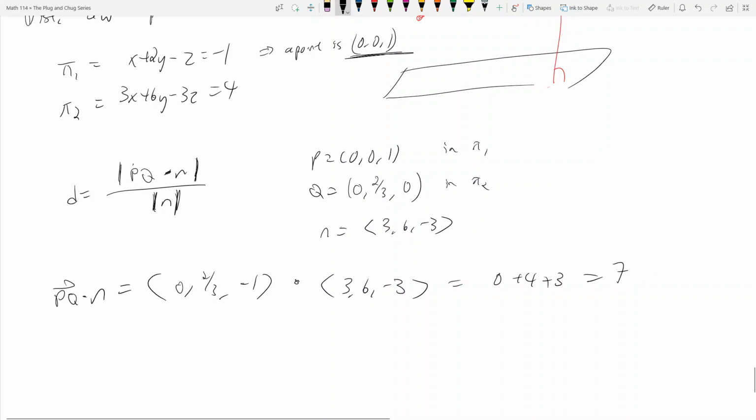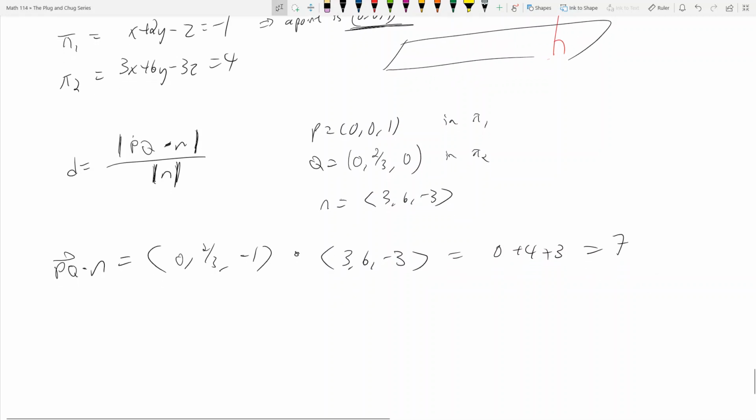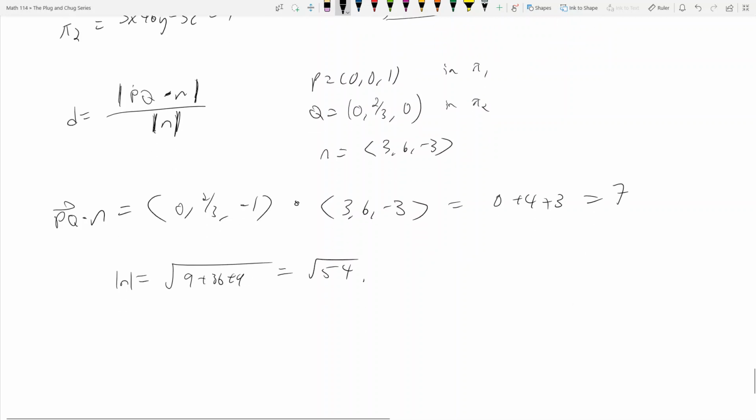Okay, and then now the magnitude of n is equal to 9 plus 36 plus 9, which is root 54. Okay, and then we want to take the absolute value of this, which is still 7. And so my distance is equal to 7 over root 54, which simplifies to 7 over 3 root 6, I think.